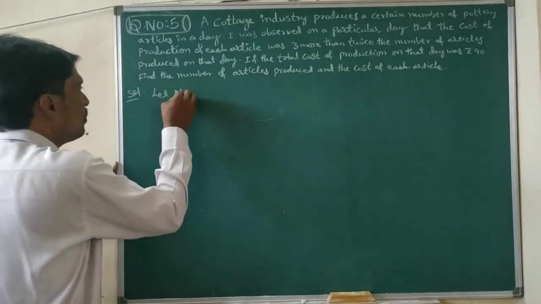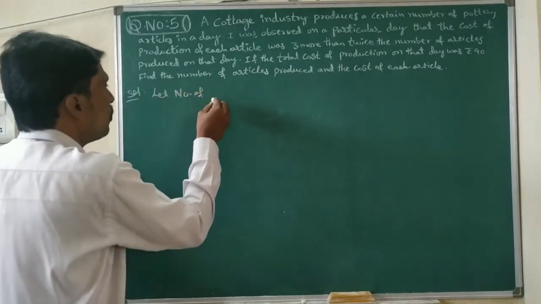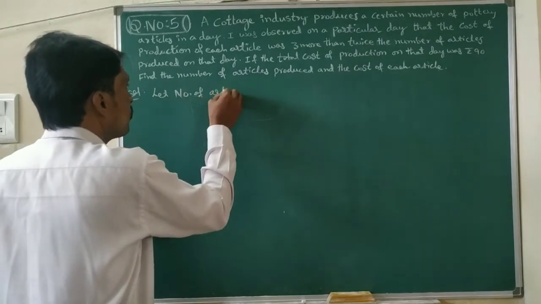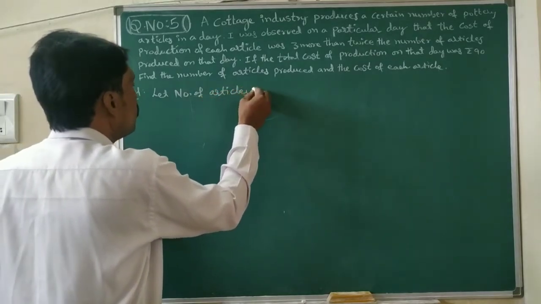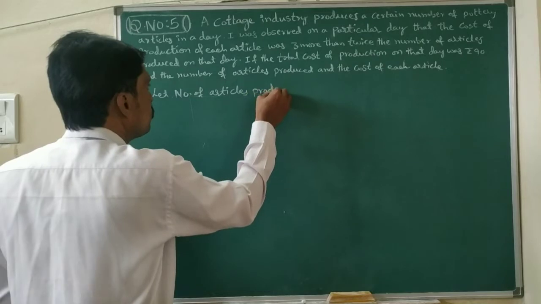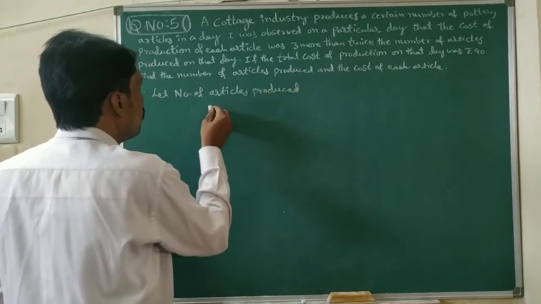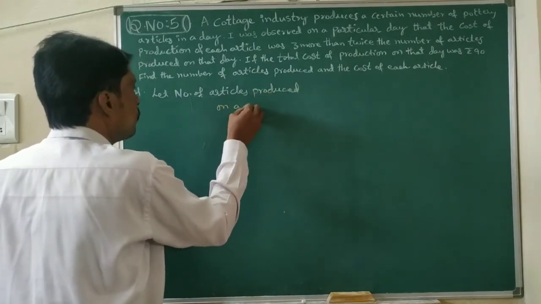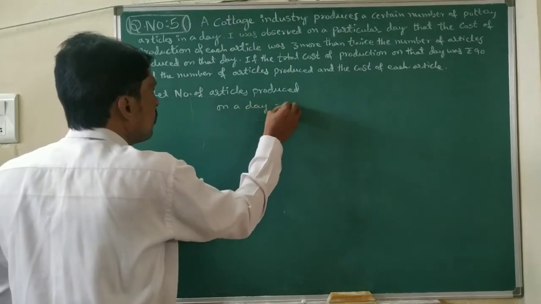Let the number of articles produced on a day equal x.